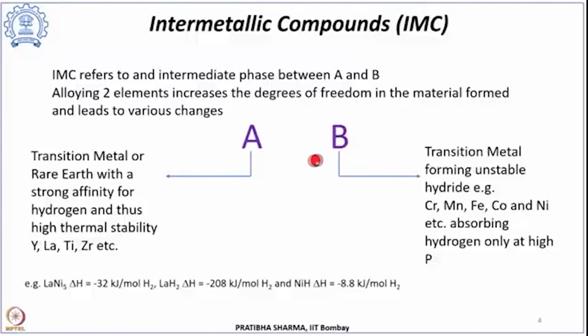Now, coming to these intermetallic compounds, as we mentioned, the intermetallic compound refers to a combined or integrated phase between two metallic species A and B. Alloying these two species together increases the degrees of freedom of the final product, which may change several properties of the material, including its hydrogen storage properties, in terms of the change in the structure.